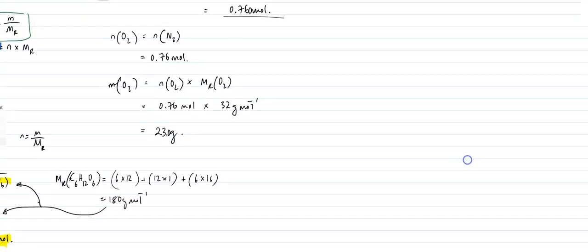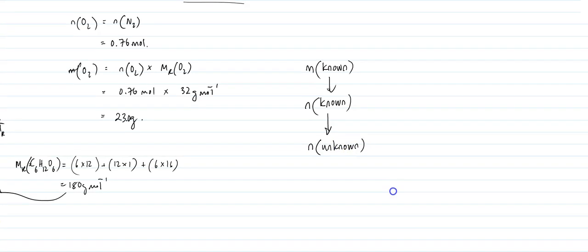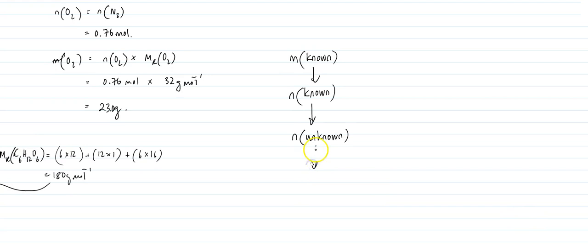I'll summarize this process. If you have the mass of a known substance, you need to turn it into the number of moles of a known substance, so that then you can work out the number of moles of the unknown substance, the substance that you don't have the mass for, okay? And then you can work out the mass of the unknown.